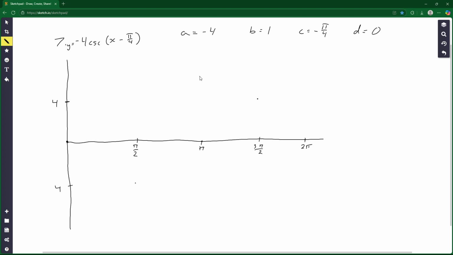We're going to have asymptotes whenever sine is equal to 0. So we're going to have asymptotes at pi and 2 pi. And of course, there's probably going to be an asymptote over here somewhere along 0. But now that we have our points here, we can just draw the graph right off the bat.